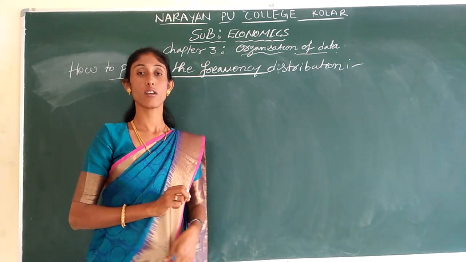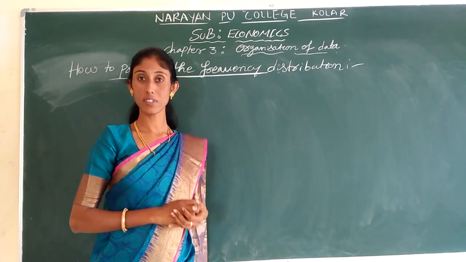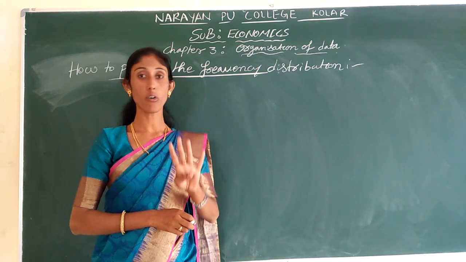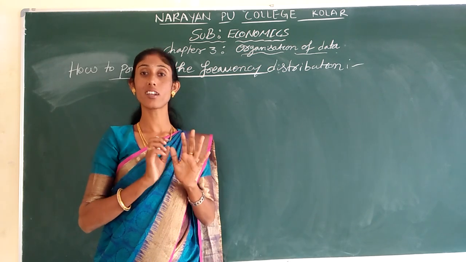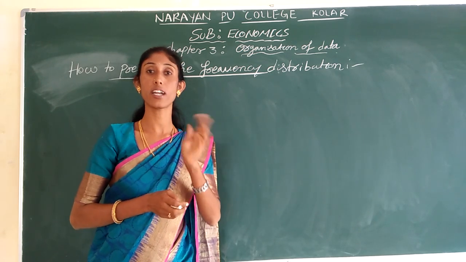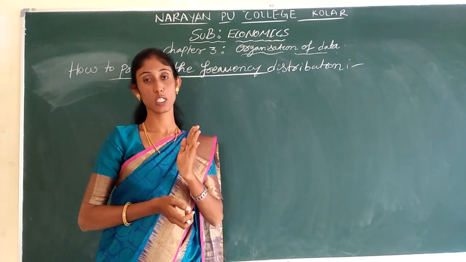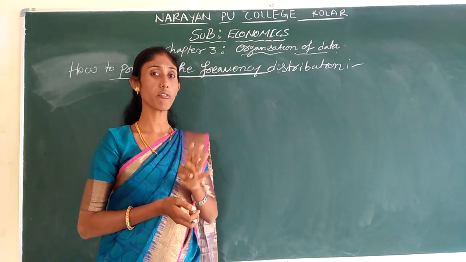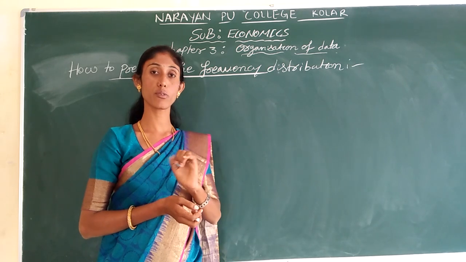To make a proper frequency distribution, mainly we need to address four questions before entering into a frequency distribution of any particular data. What are the main four questions or steps we need to follow?